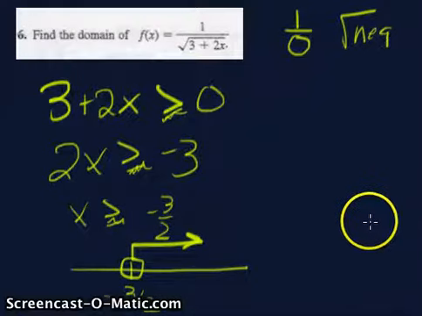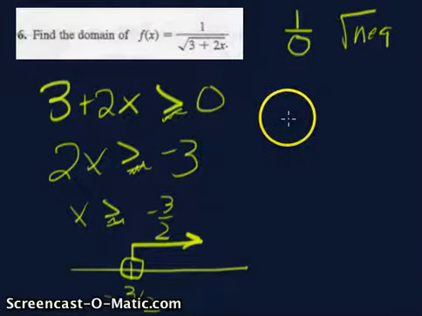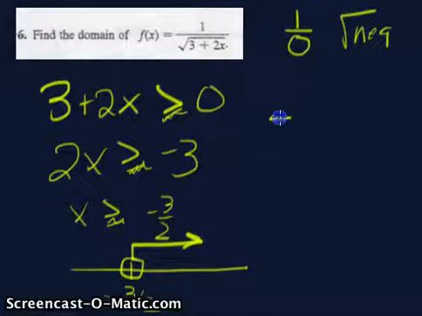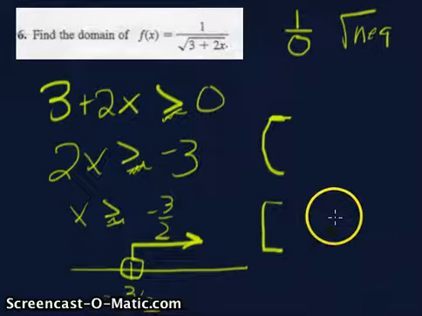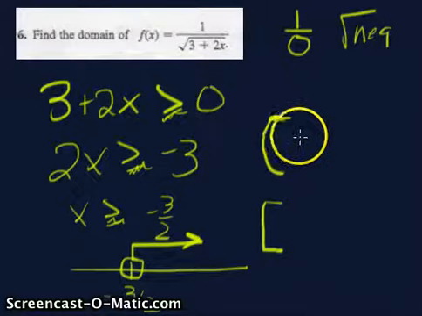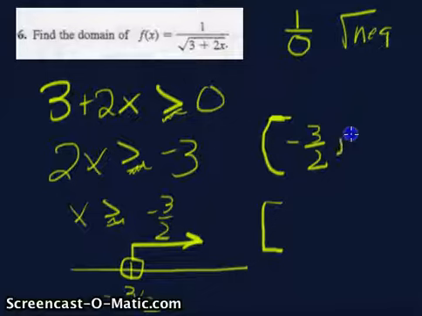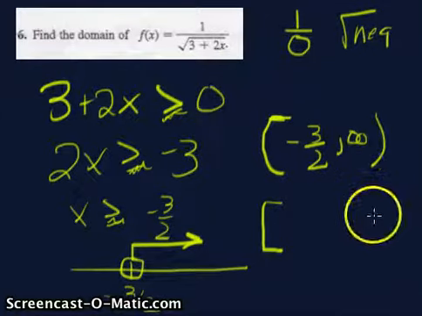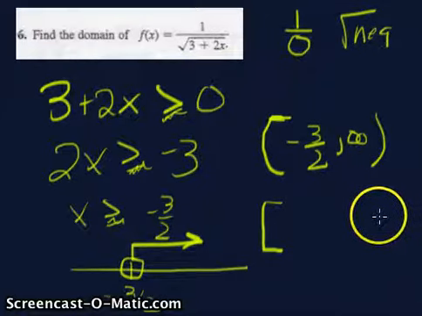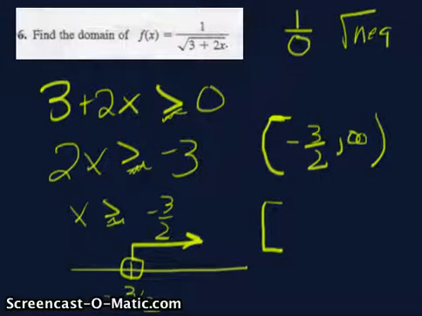Now, in interval notation, open circle means parentheses, closed circles mean brackets. So since the negative 3/2 is not included, everything to the right of that. That's called interval notation. So the answer choice for that problem would be C.